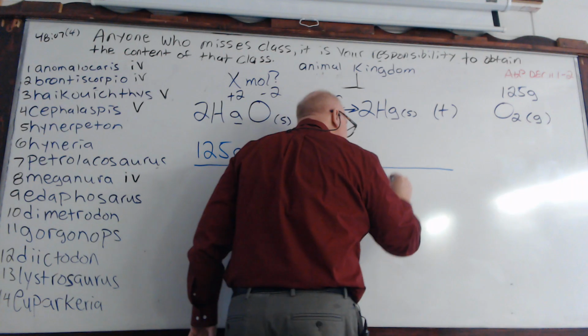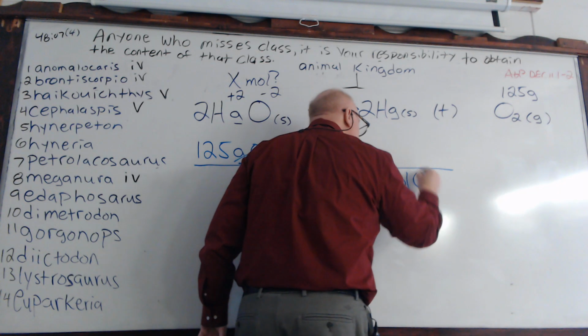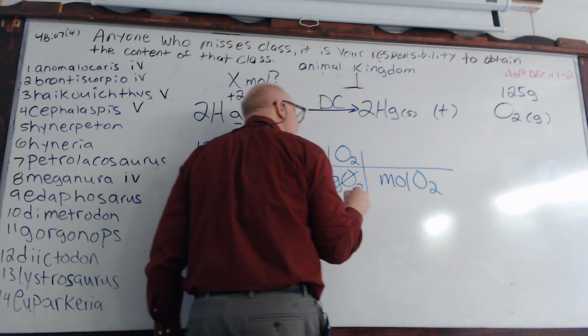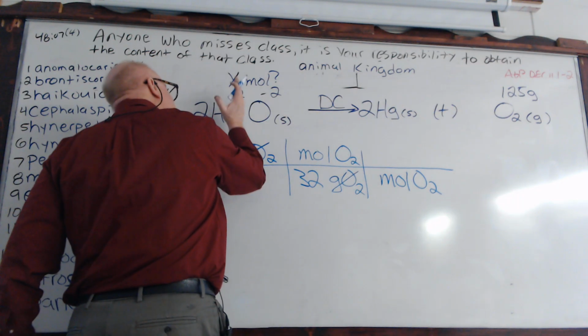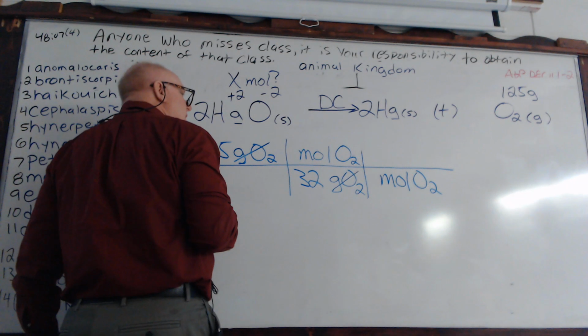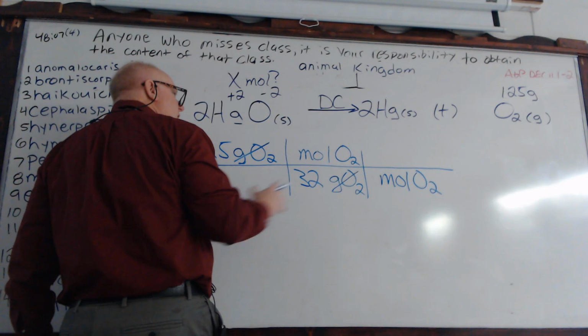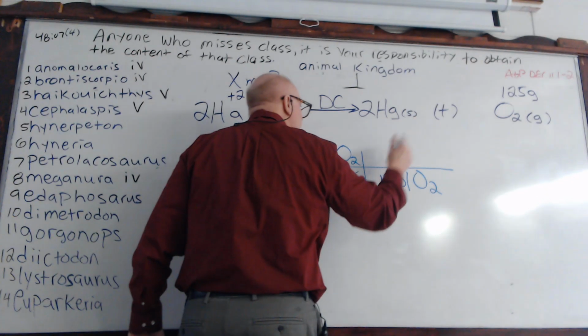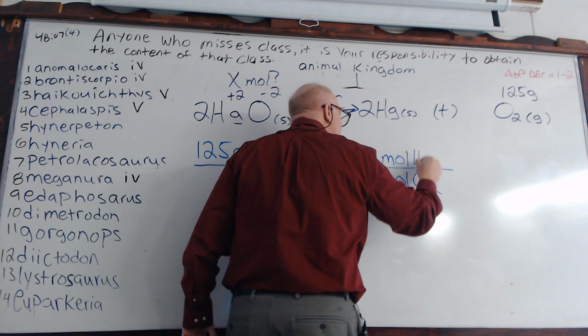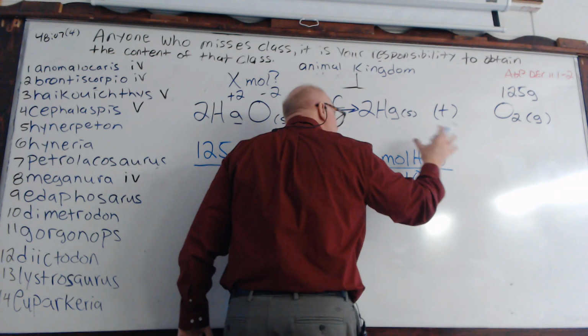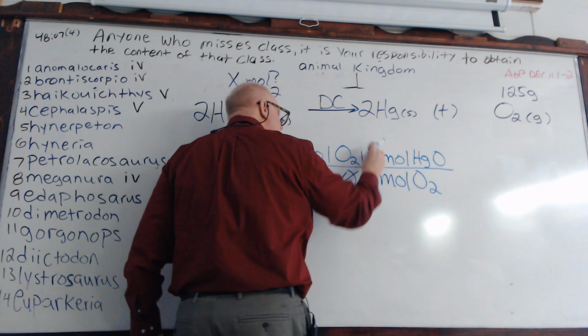So for every mole of O2, we can jump from that side of the equation to this side, because our final step here is to put what on top? We're looking for moles of HgO, a mole to mole ratio.